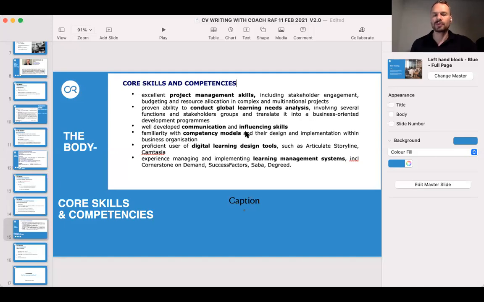So for example, I wouldn't put here that I have engineering skills or something like that, because it's not really relevant to the role. So list as many skills and competencies as you see will match you with the role that you're applying for, right? And I think you had a second part of the question. I'll just stop sharing. Okay.